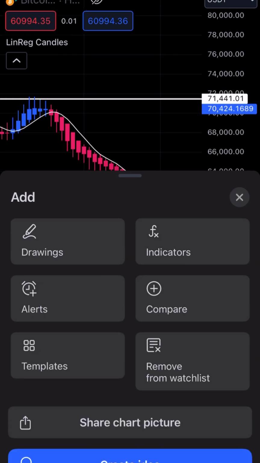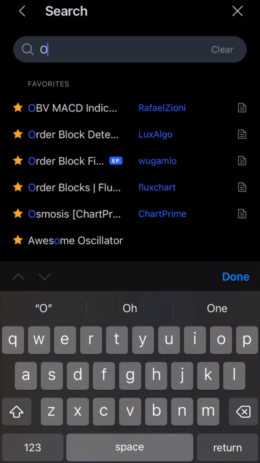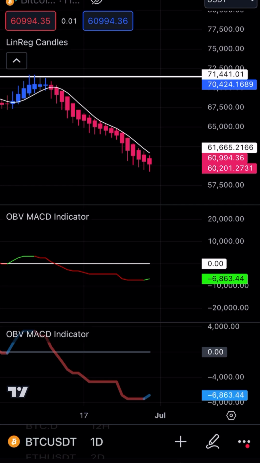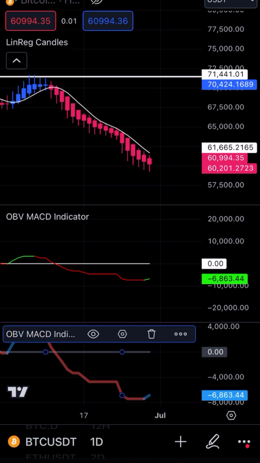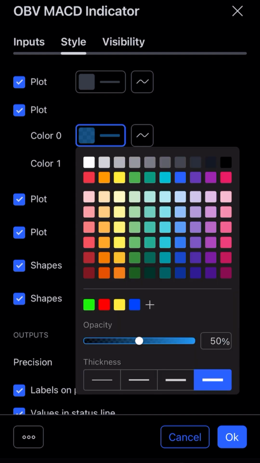And then the other indicator here is the OBV MACD indicator. Let me just show you. I changed things up, and it's going to look like this. I went in here and made the plot line white and more visible, and then I changed the colors to a green and a red.